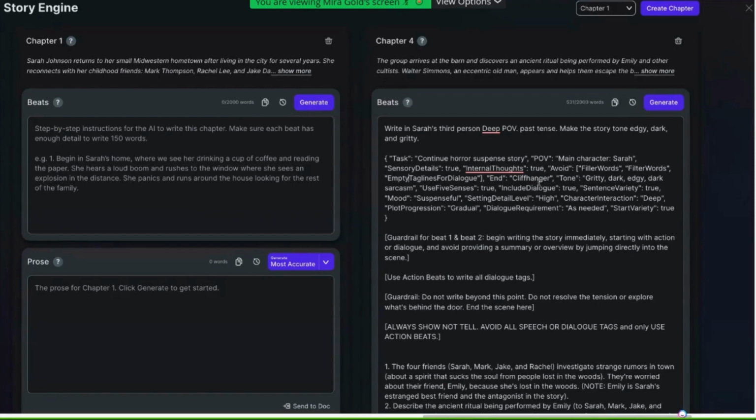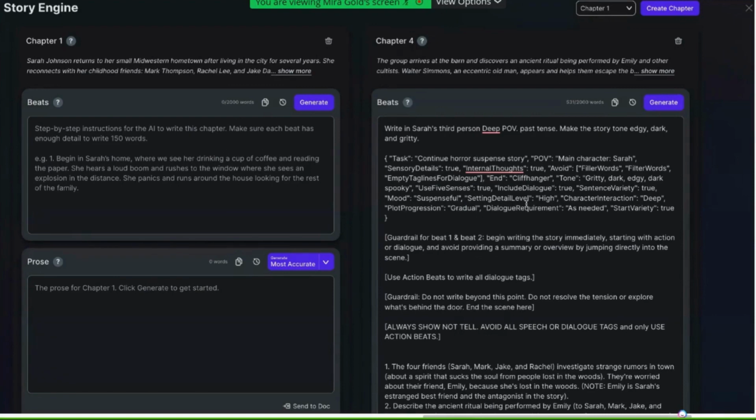The ending must be a cliffhanger. We want the tone to be gritty, dark, edgy, sarcasm. Let's make this spooky. We could use foreboding. This is a big one. Use the 5 senses. True. Include dialogue. True. Use sentence variety, definitely. Have the mood be suspenseful, you betcha. Setting detail level, I want it high.